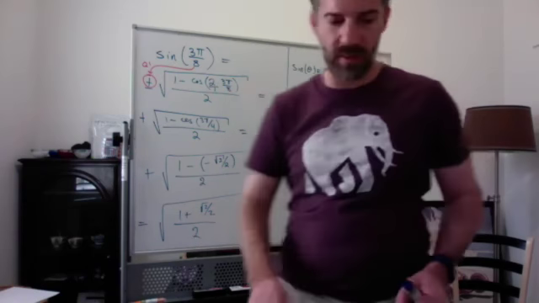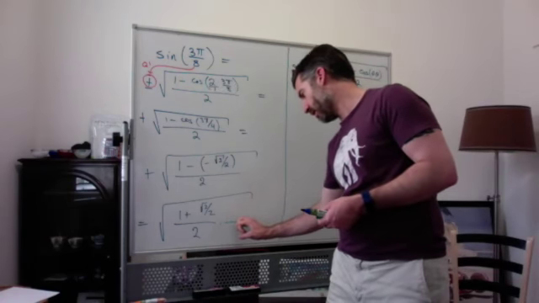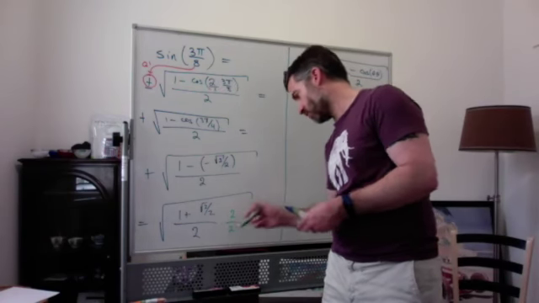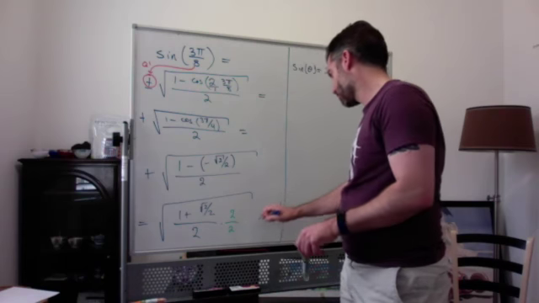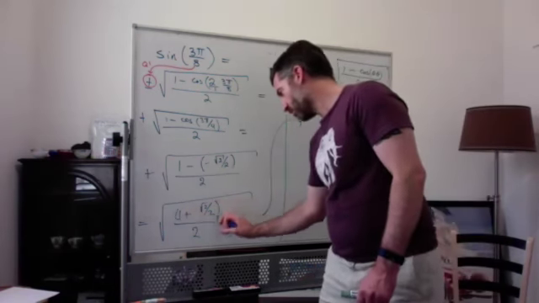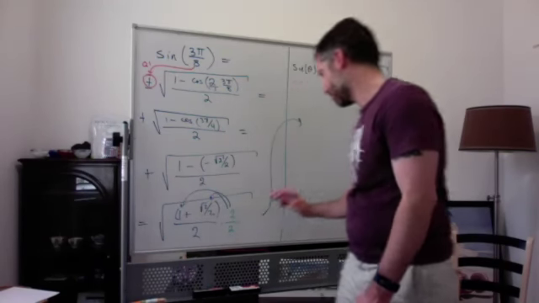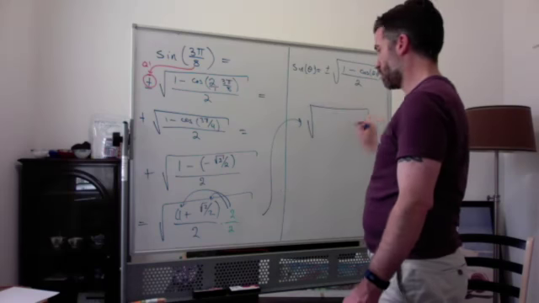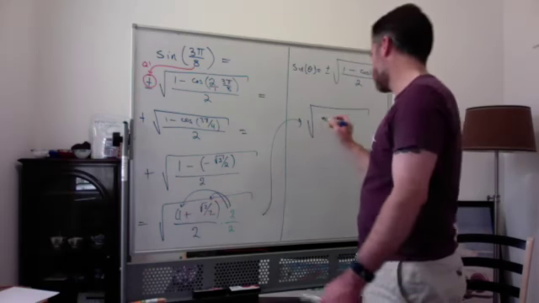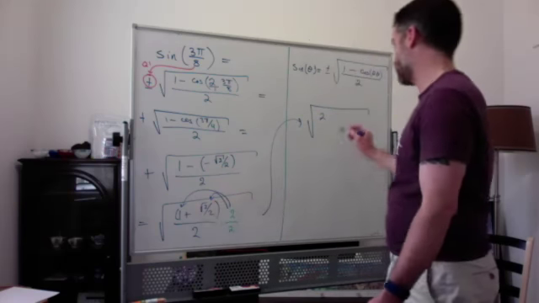And then that's where we multiply the insides of the radical by 2 over 2. So this 2 distributes to each of these terms. 2 times 1 is 2. 2 times radical 2 over 2 is just radical 2.